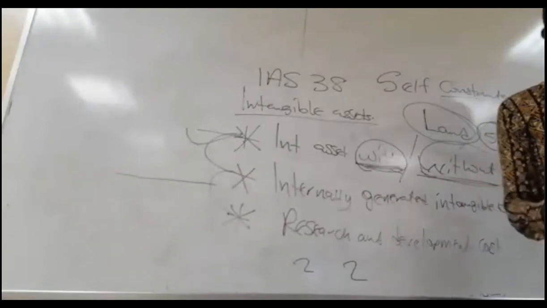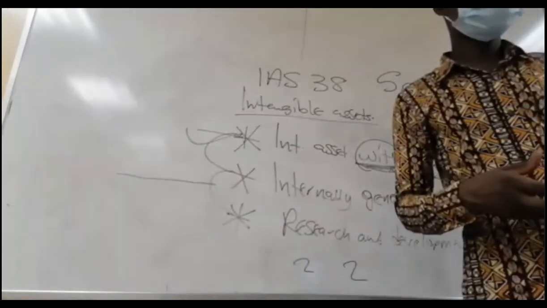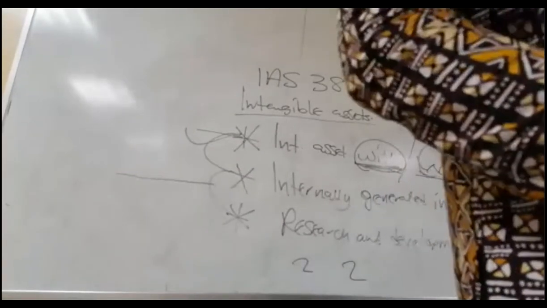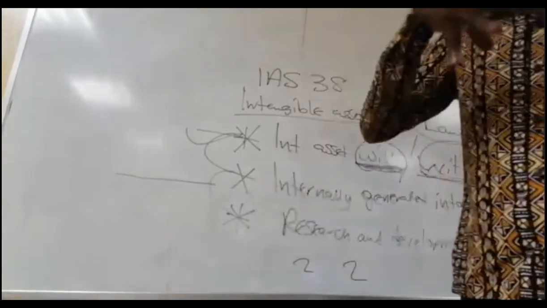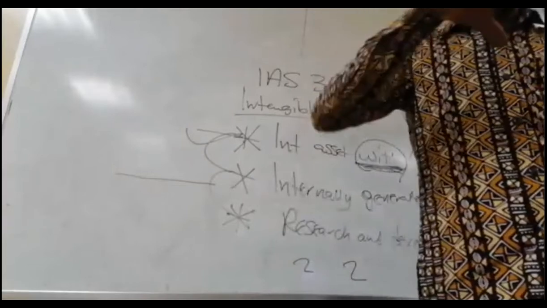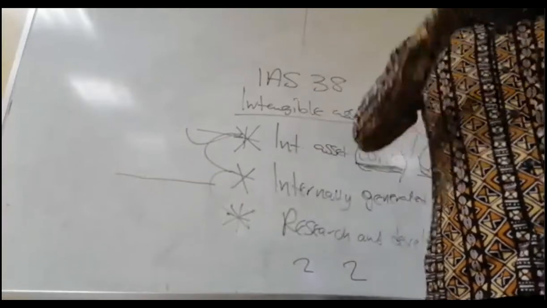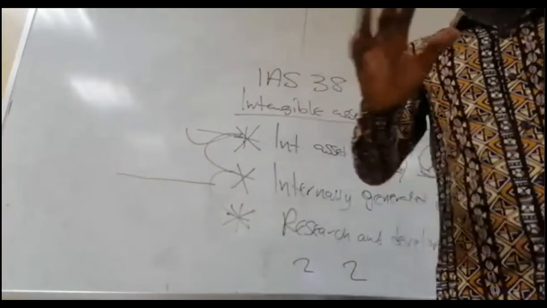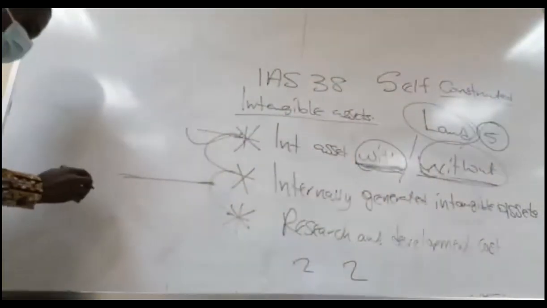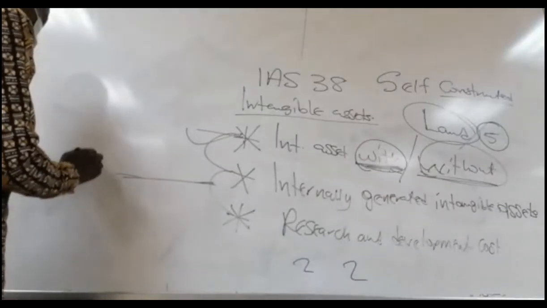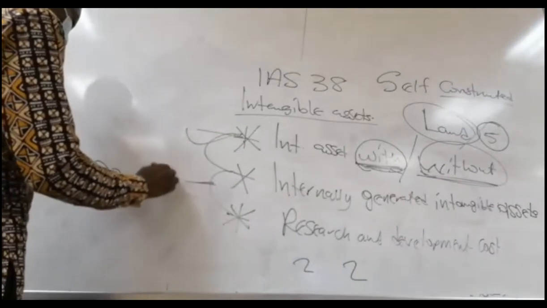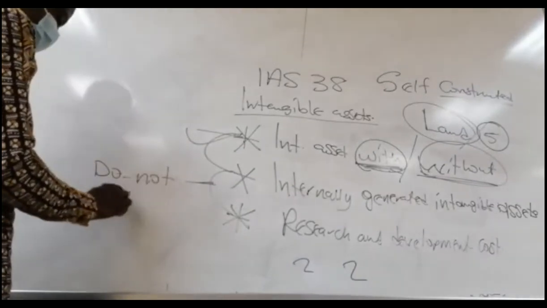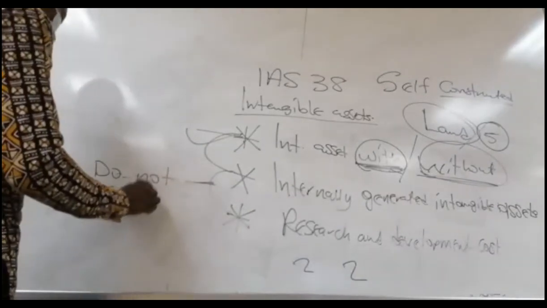As a result, we are saying we don't need to record it. If you cannot determine the actual cost that went into the software creation or the internally generated asset, do not record it in the books.